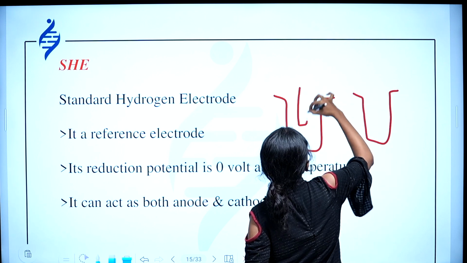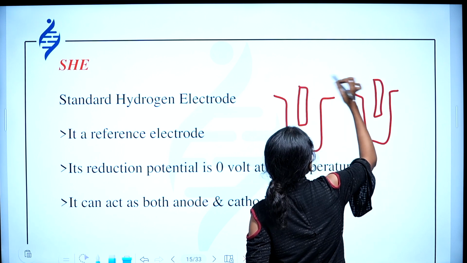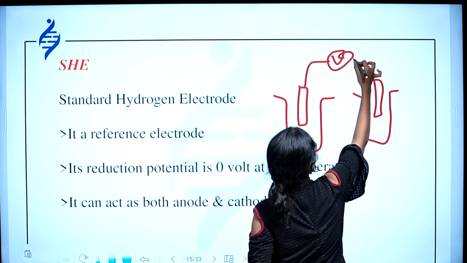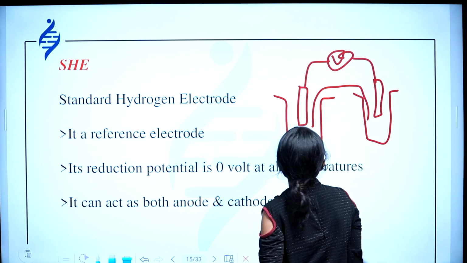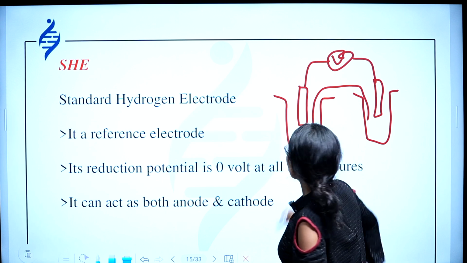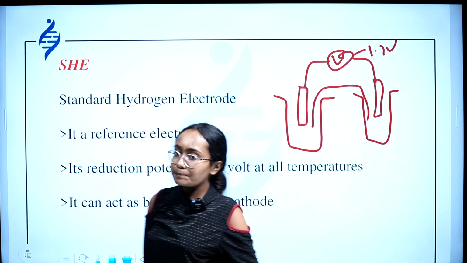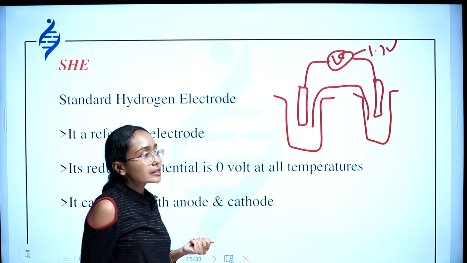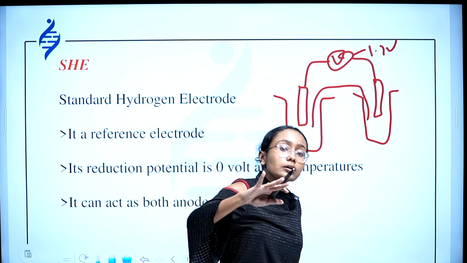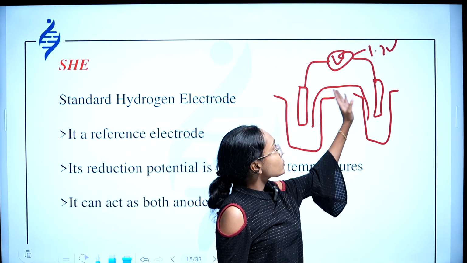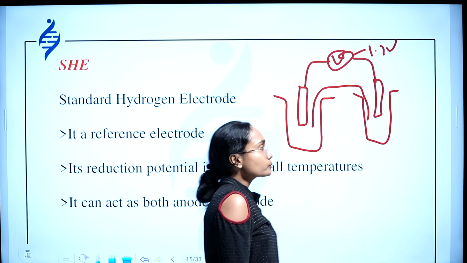Here I have an electrode, here I have an electrode, connected by a voltmeter, in a Daniell cell. In this setup, the potential shown in the voltmeter for a Daniell cell is always 1.1 volt.